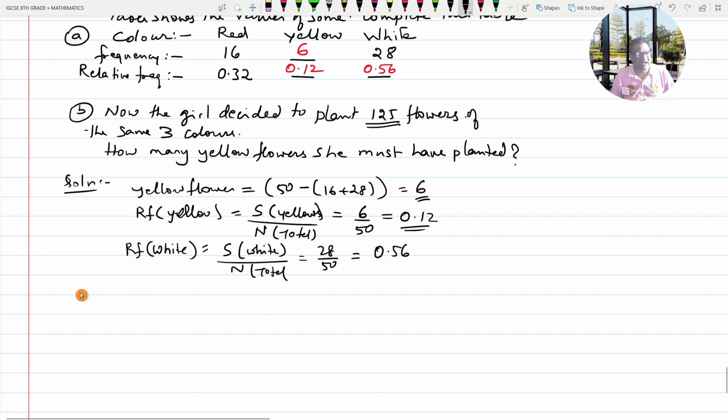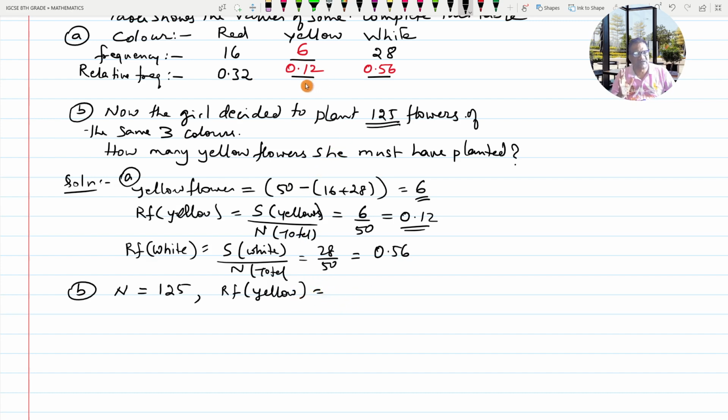So the answer for B is this way. This is for A, right? For B, what you have to do is, suppose now N is equal to how much? 125, because she has planted 125 flowers. Okay. And the relative frequency of yellow flowers will be remaining constant, isn't it?